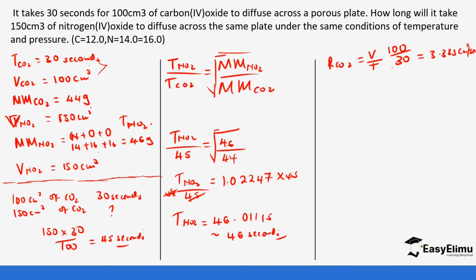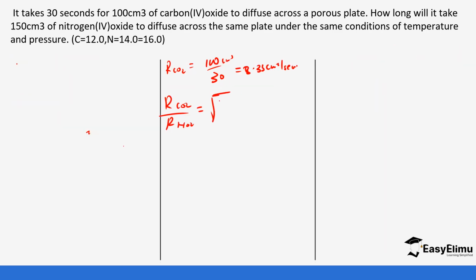We will say now the rate of carbon dioxide over the rate of nitrogen dioxide is equal to, we still use the molecular mass, the molecular mass of nitrogen dioxide over the molecular mass of carbon dioxide. So that's what we wanted.